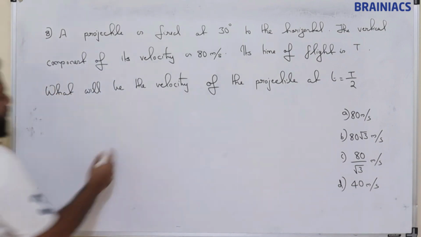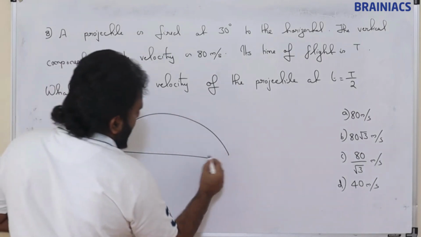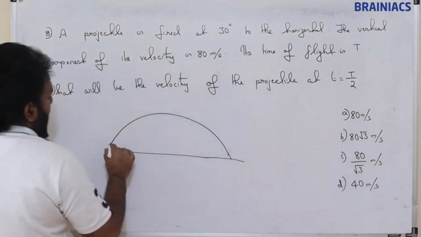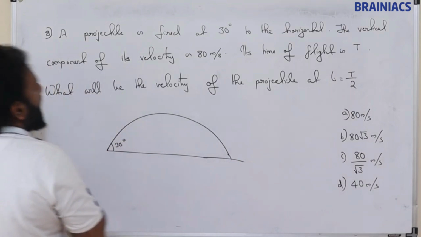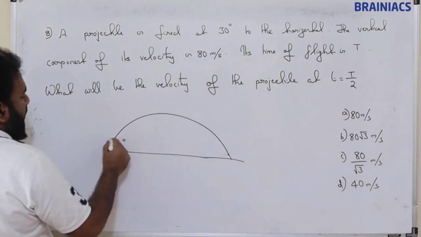Okay, the question is, the projectile is fired at an angle 30 degrees to the horizontal with some velocity u, they haven't given u.